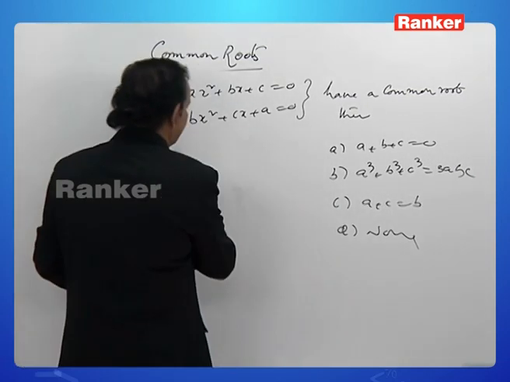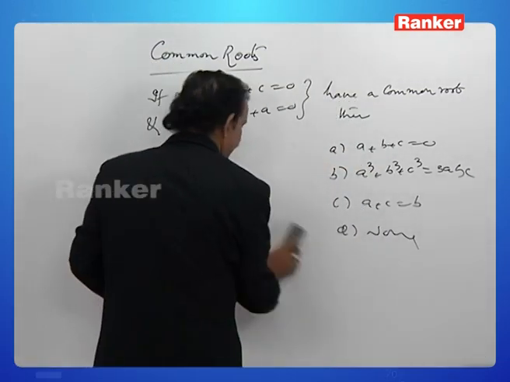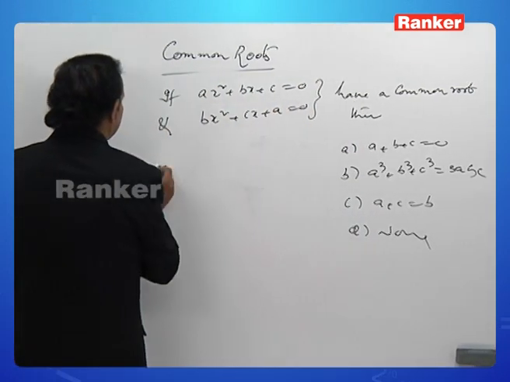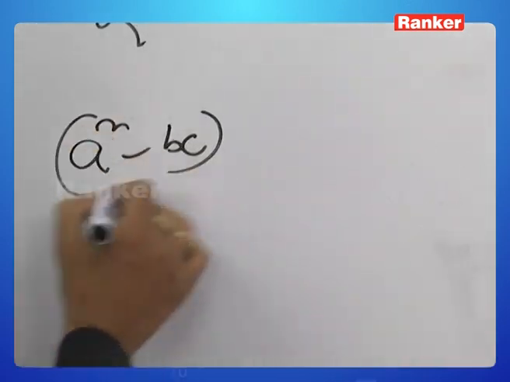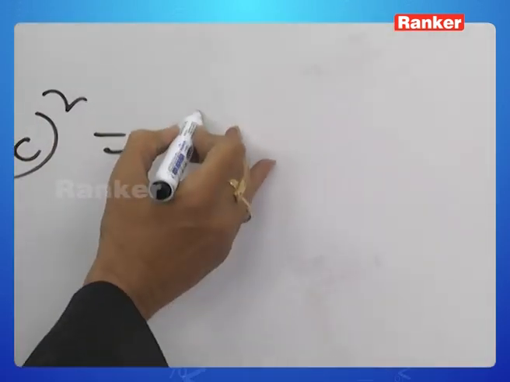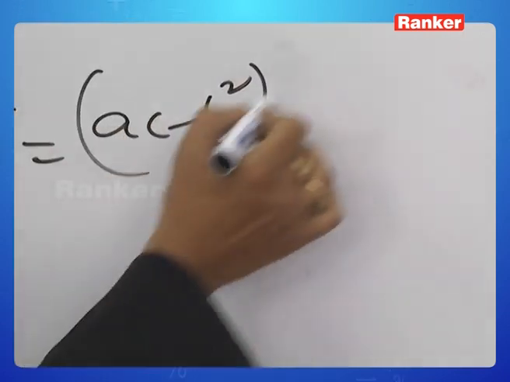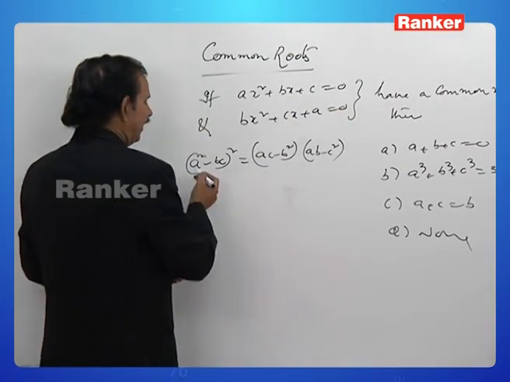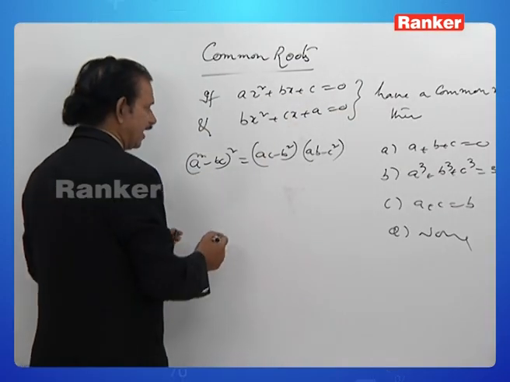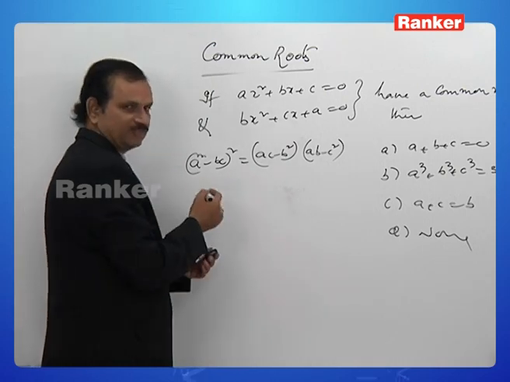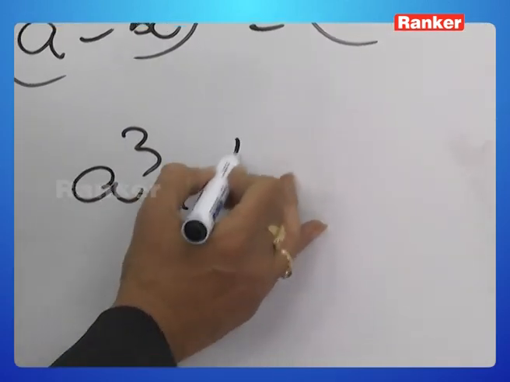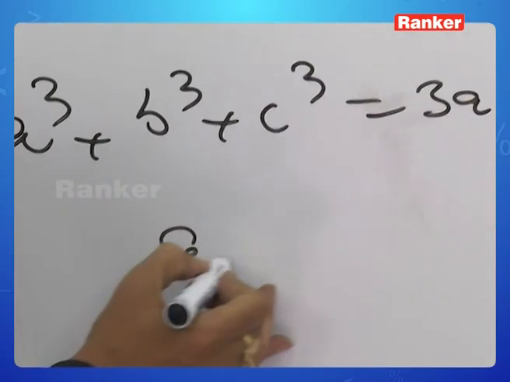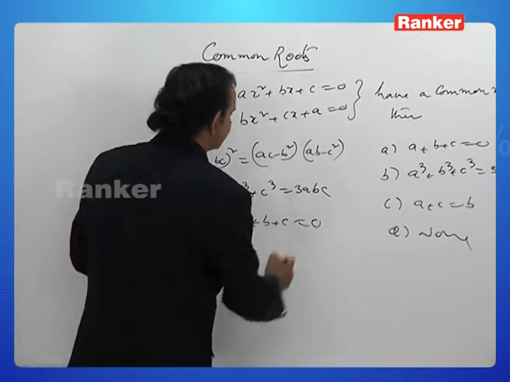In another way, as we could proceed in the last case, we can use this condition also: A square minus bc whole square is equal to AC minus B square into AB minus C square. By expanding this whole square, and by transposition of the terms, you can get a cube plus b cube plus c cube is equal to 3abc, or a plus b plus c is equal to 0. You can easily get it.